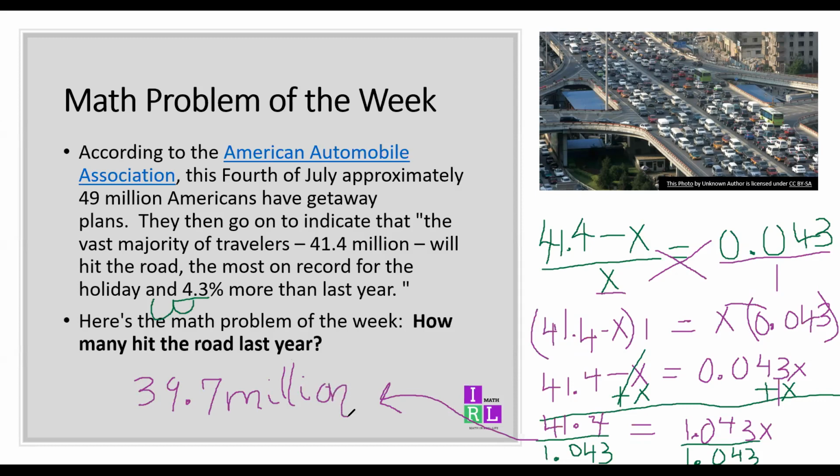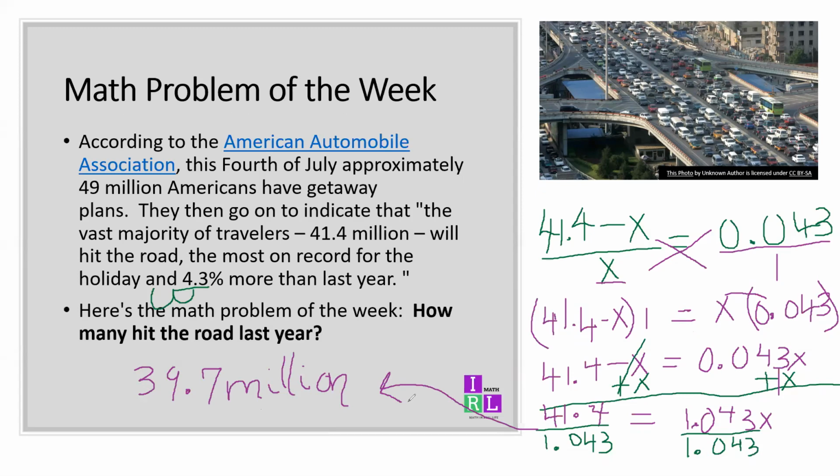So it's actually 39.7 million hit the road last year. So this is another way of looking at a percent of increase or decrease problem, okay? We can use that to determine, well, how much happened last year, okay? And that's the answer.